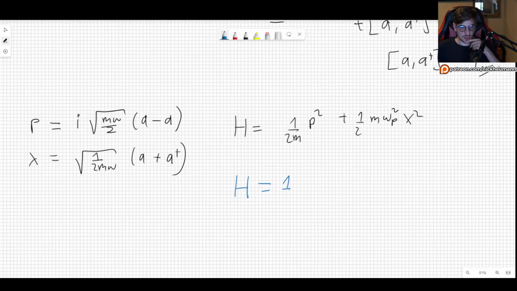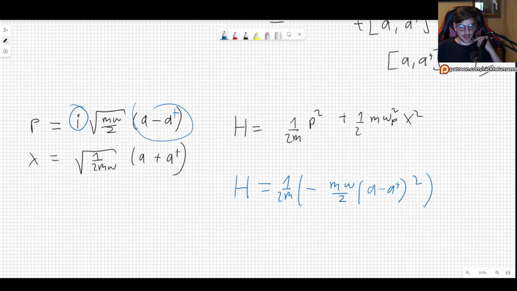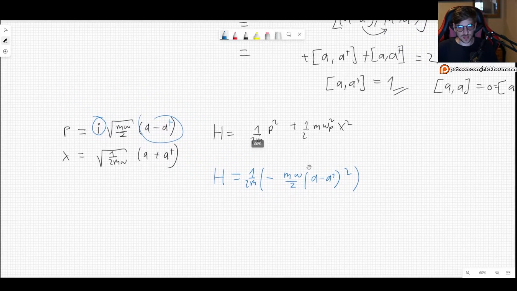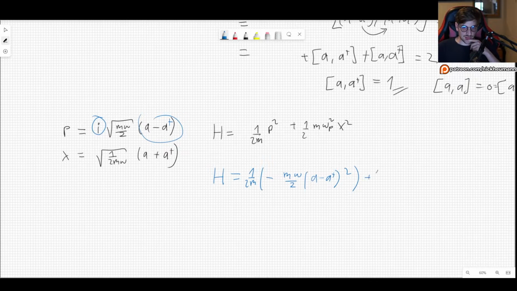Now this is 1 over 2m. Now p squared, we get a minus 1, so minus, then m omega over 2, and then this part squared. So, actually, I'm missing a dagger there. It didn't come along with the copy here. So we have a minus a dagger squared. Okay, then we have plus 1/2 m omega.